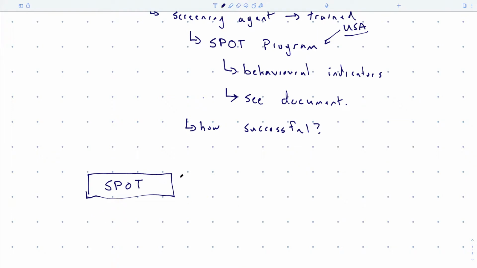All right, so you screen, say, 1 million passengers. How many of them just went through, so they didn't get enough points to do anything about it? The answer is 96%.